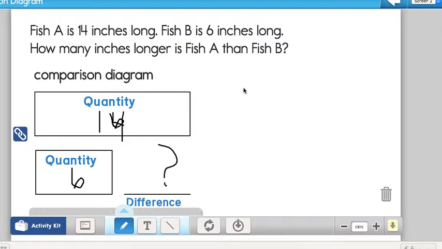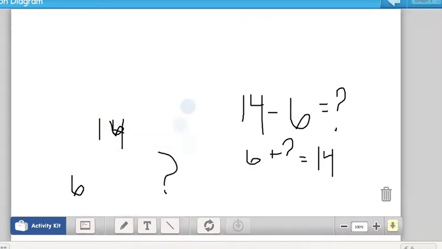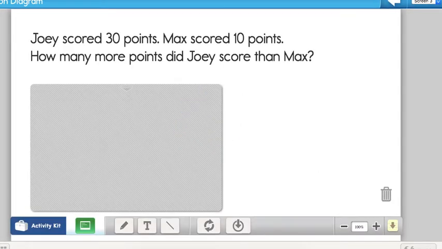So this makes it a subtraction problem. 14 minus 6 gives me question mark. Or we could do 6 plus question mark gives me 14. So that is how this difference works. And when we look at that difference, 14 minus 6, we would obviously get 8.